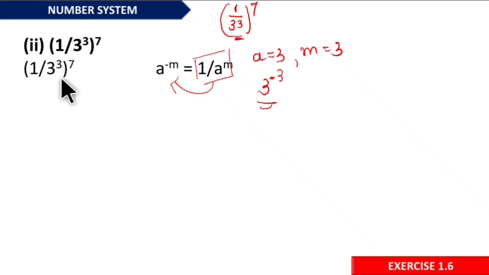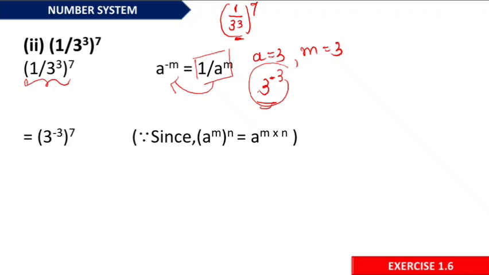So the same thing we have to substitute here. This number we can simplify as 3 to the power minus 3, whole to the power 7. So now see here, this is similar to this law of exponent.